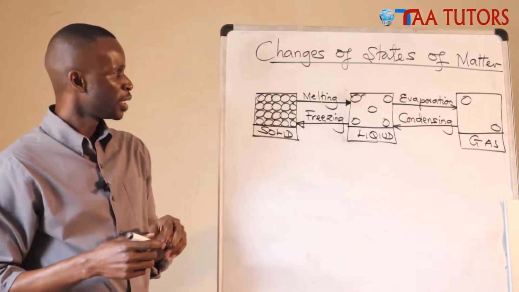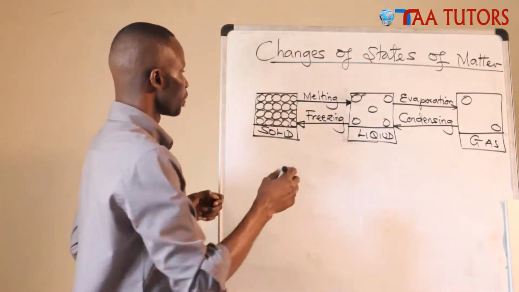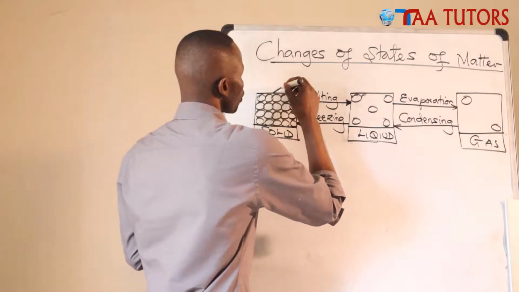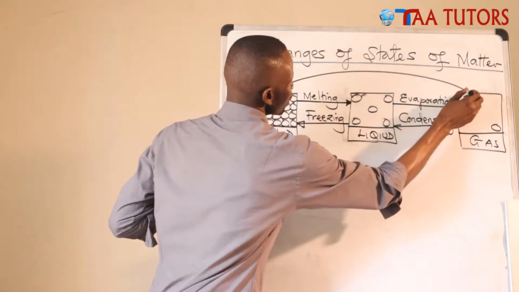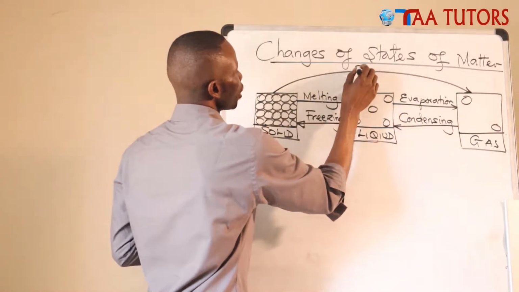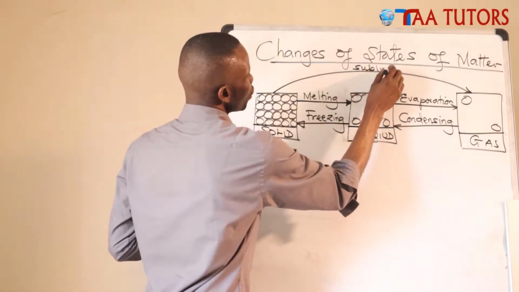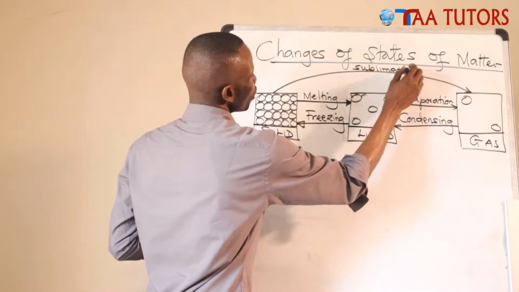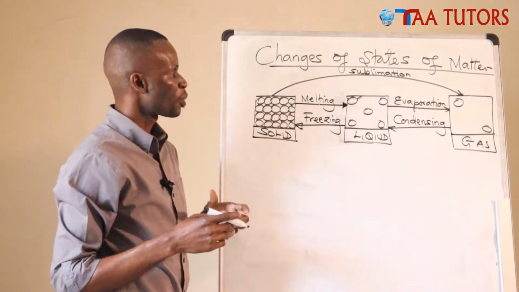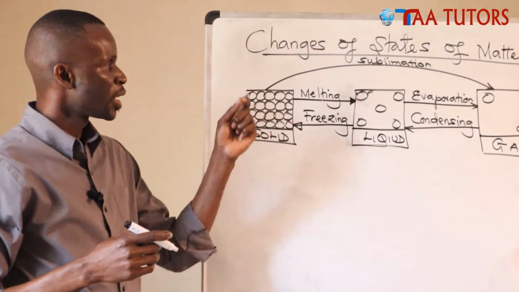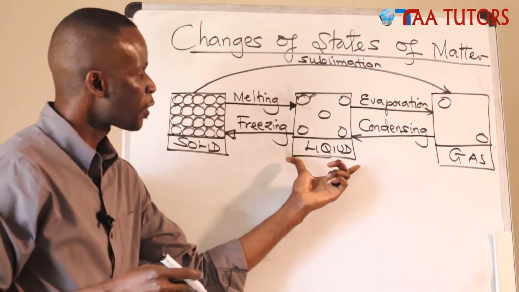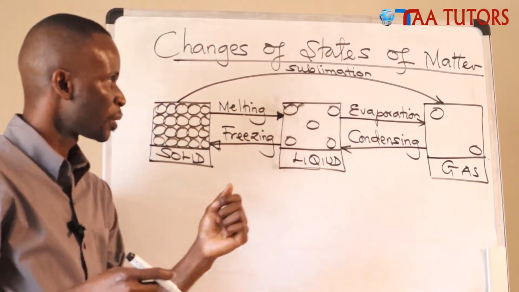But we have a fifth change of state of matter, which comes from solid directly to gas. This change is called sublimation. It's the change of state of matter from solid directly to gas without first passing through the liquid state.